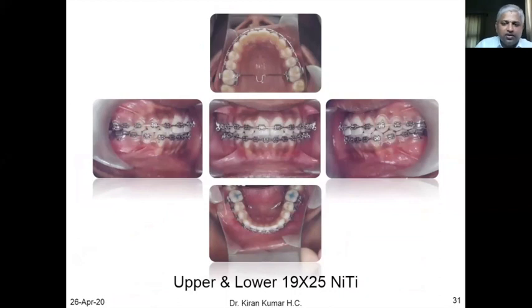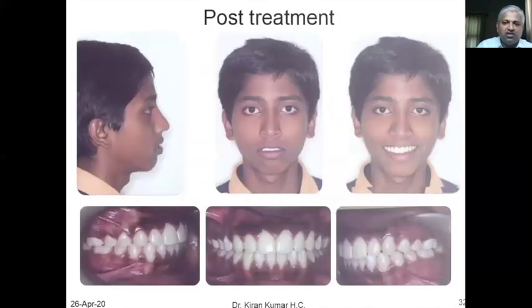There's an immediate shift from .016 or .014 to 19x25 in this case, because as I covered in my previous slides, there are not many rotations, imbrications, or first order or second order problems. When we have such a case, we can step up our wires quite easily, and we should come to a rigid wire at the earliest so that we can stabilize the arches.